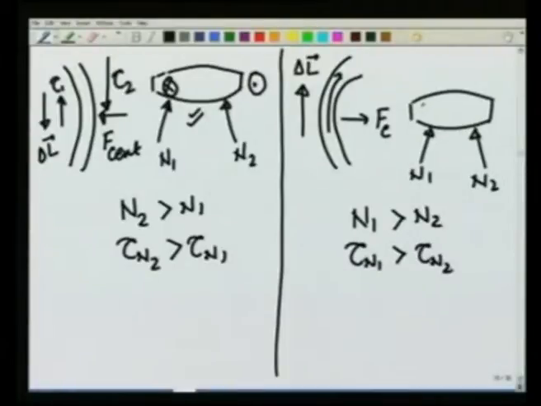Torque N1 is going into the cylinder, that is in the direction of motion, and torque N2 is coming out, and therefore this torque is greater than torque in the opposite direction.